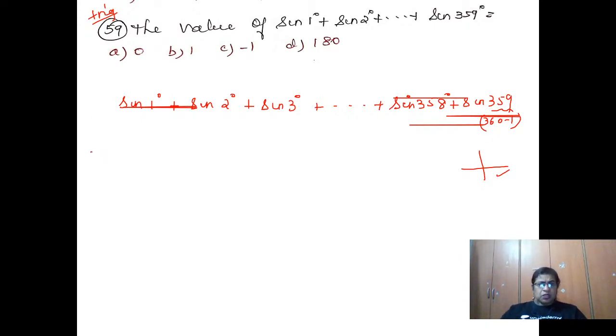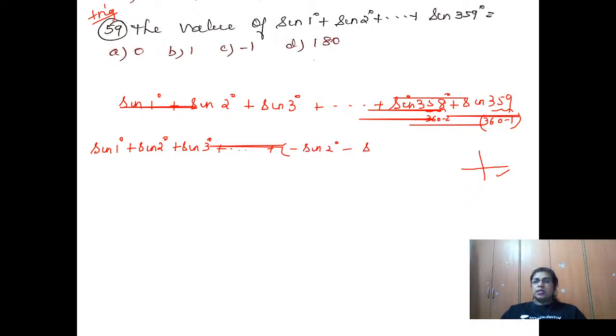So sine 1 degree, write as it is. Sine 2 degree, write as it is. Sine 3 degree also as it is. And when you come here, 358 can be written as 360 minus 2, which also comes in the fourth quadrant, so it's negative. So you get minus sine 2 degree, minus sine 1 degree. I have written only 2 for you to understand. Now minus sine 1 degree and plus sine 1 degree get cancelled.